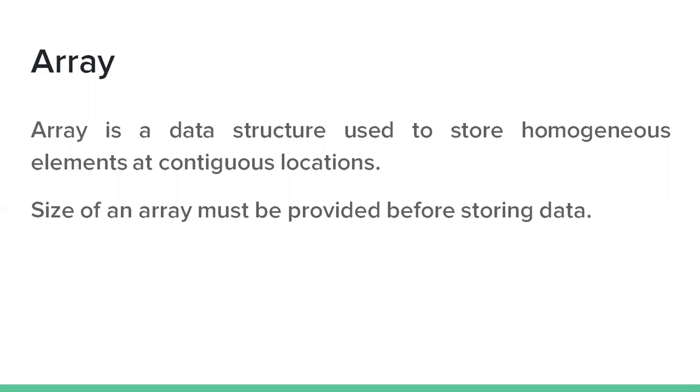Whenever an array is declared, it requires contiguous memory locations to store the elements. So for that reason we need to specify the size of the array beforehand. This data structure is used to store elements of the same data type generally, stored in contiguous locations.